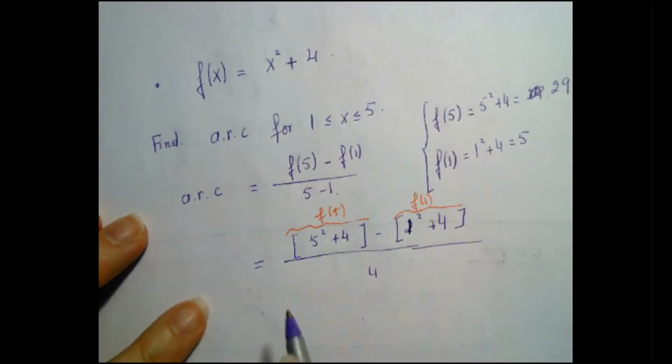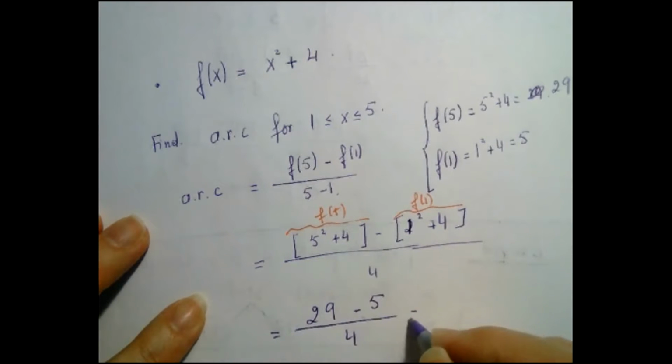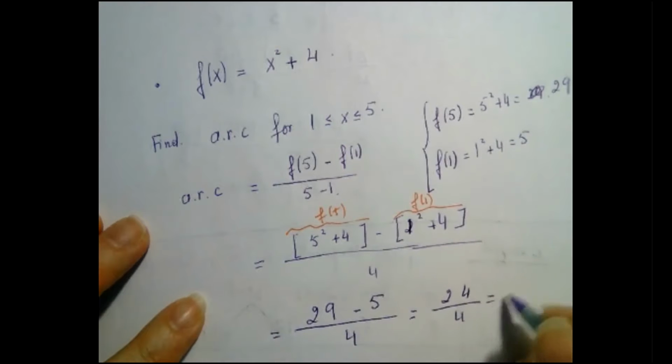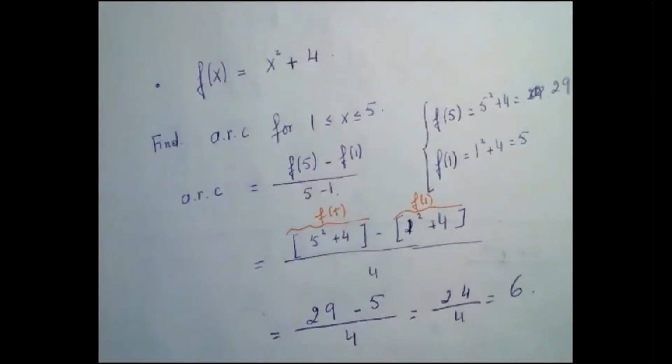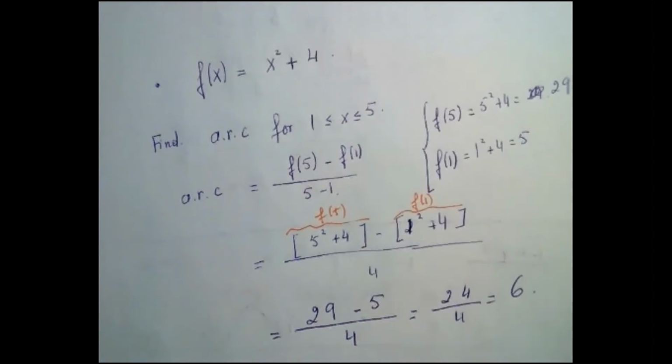So it's going to be equal to 29 minus 5, over 4, which is 24 over 4, which is equal to 6. So if your function is given by a formula, finding the average rate is basically applying the formula verbatim.